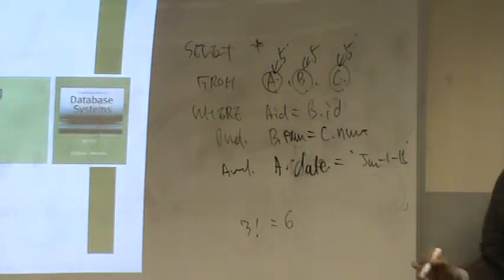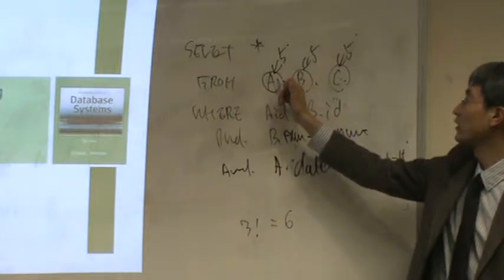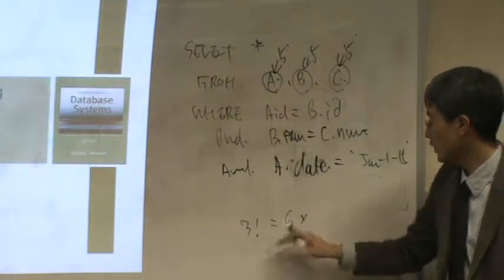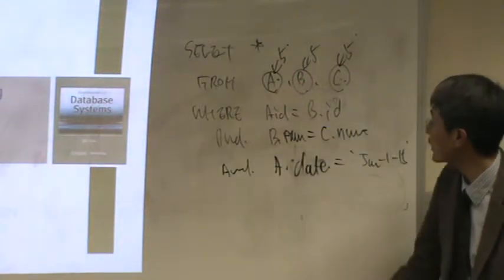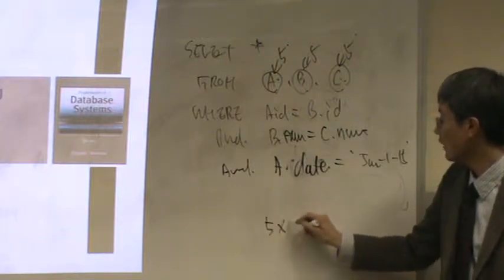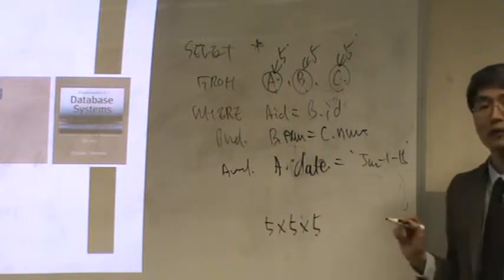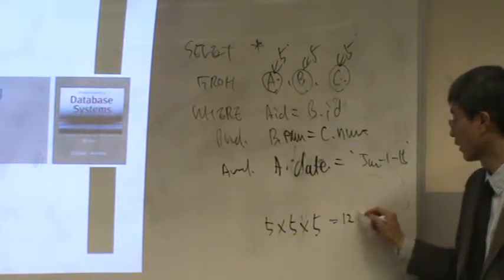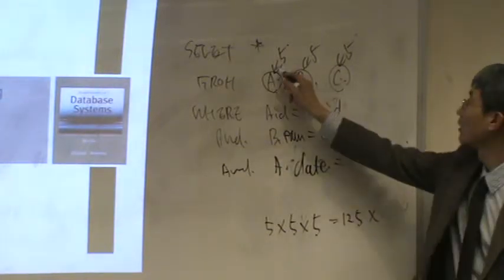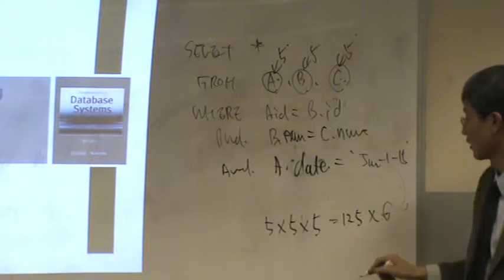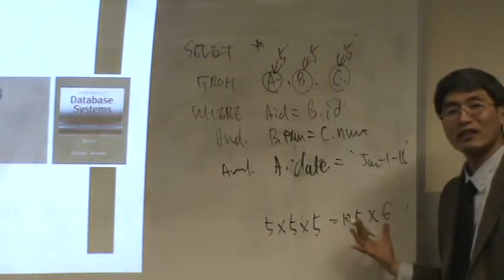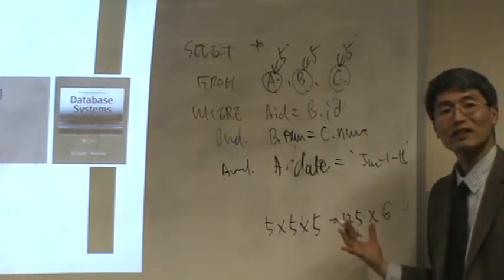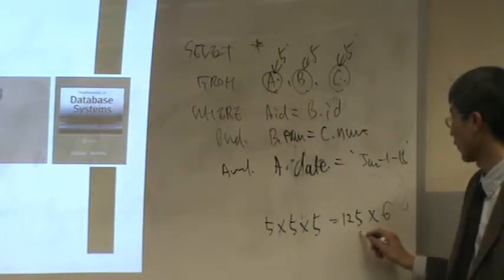How many different ways to access A? For each case, 5 times 5 times 5, so 125 times 6. How much is that?